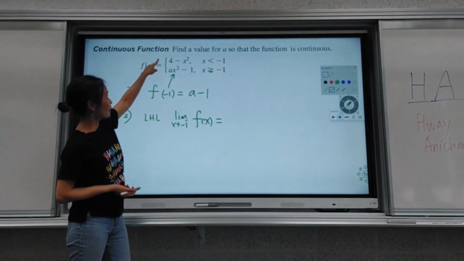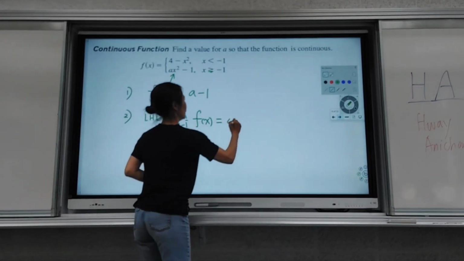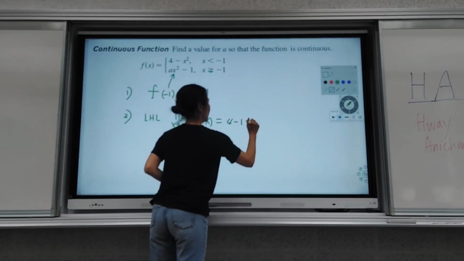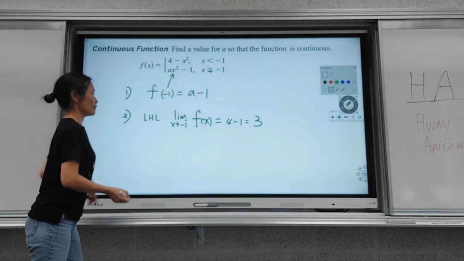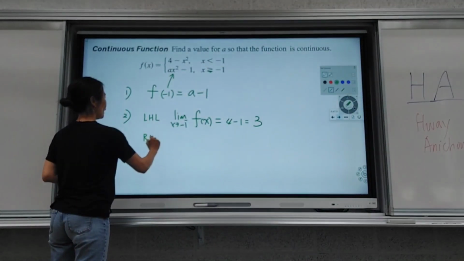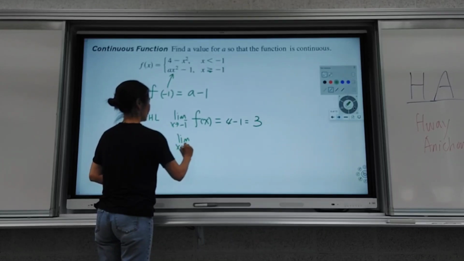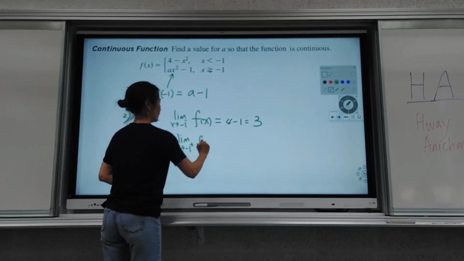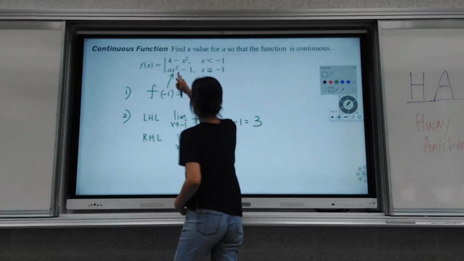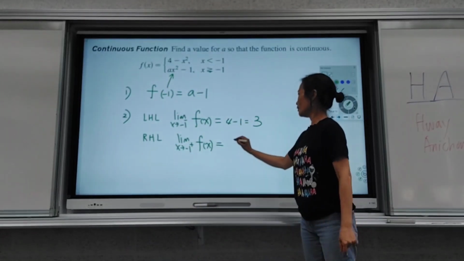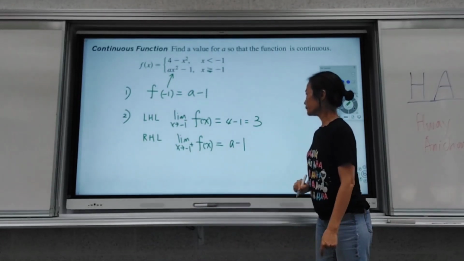I'm going to sub in -1 here. So the left hand limit is 3. The right hand limit, sub in the bottom, is going to be a minus 1.